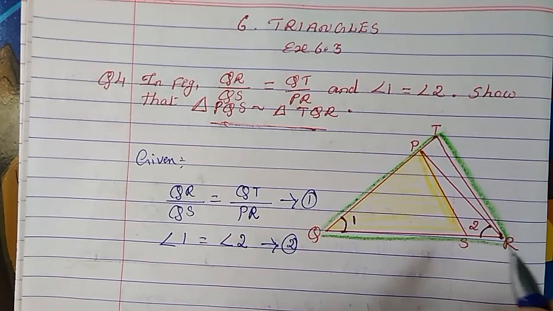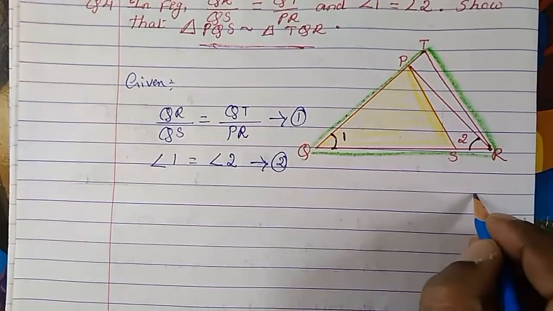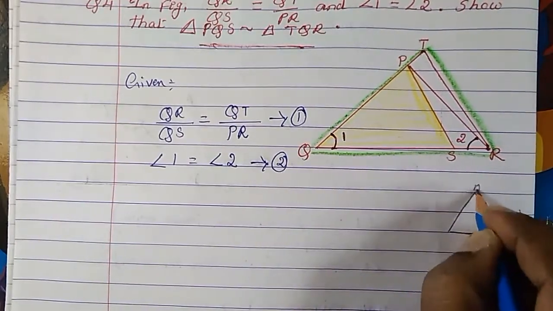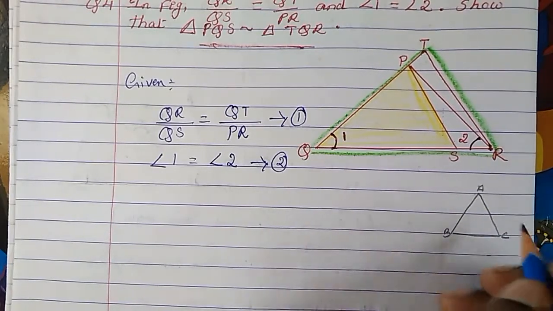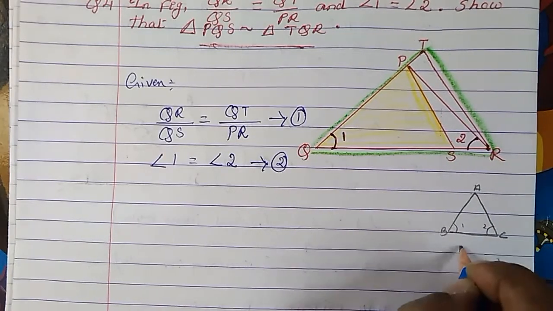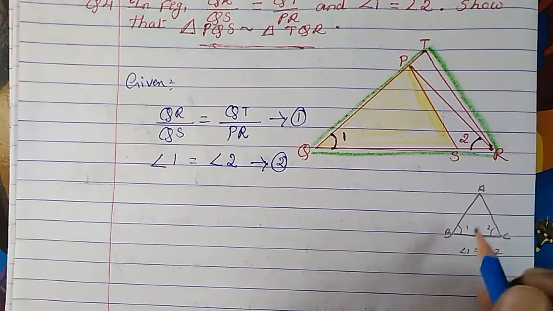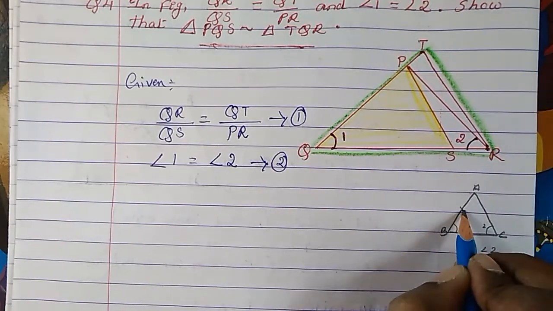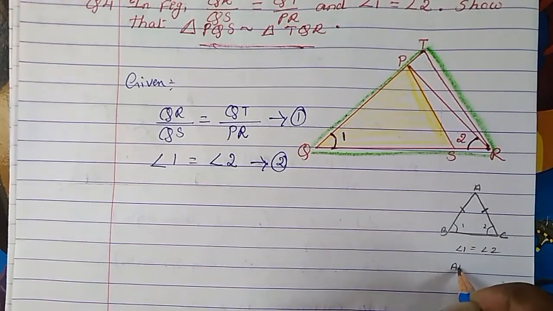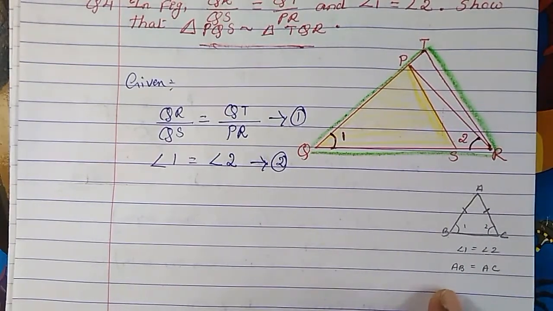So you have studied in your smaller classes that in a triangle ABC, where two angles are equal, both angle 1 is equal to angle 2, when angles are equal, their opposite sides also become equal. That means if these two angles are equal, side AB will be equal to side AC. This you have studied.